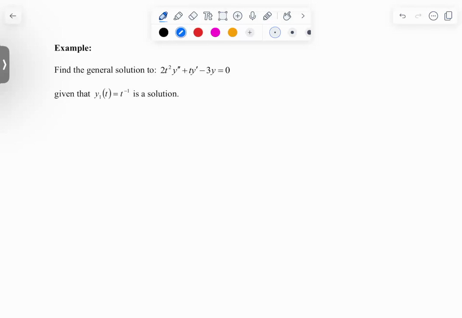Just like we did in those 2 proofs, we started with, well, it's got to be e to the rt, and then a multiple of that will find the second solution. Because basically what we do is we let y2, because that's what we need, be some multiple of y1.